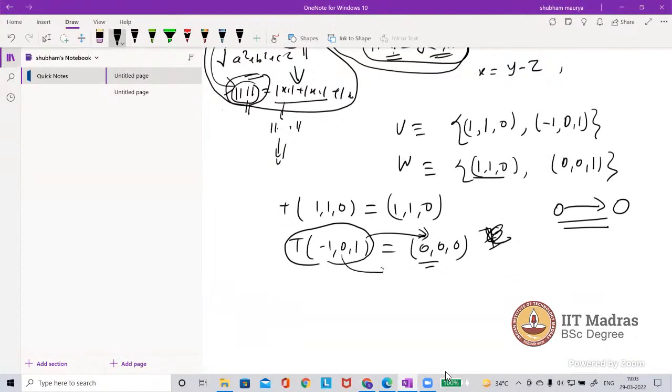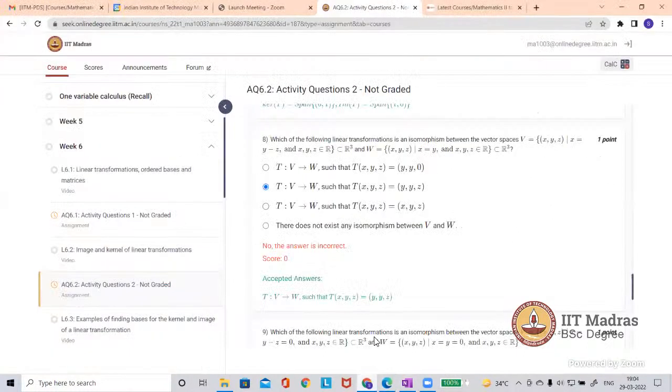T of X Y Z is equal to Y 0 and Z, so the last component is Z and it will be 1, not 0. I am saying this for the first one.